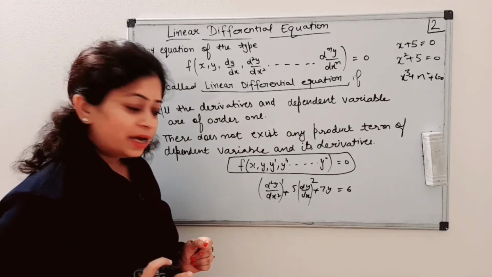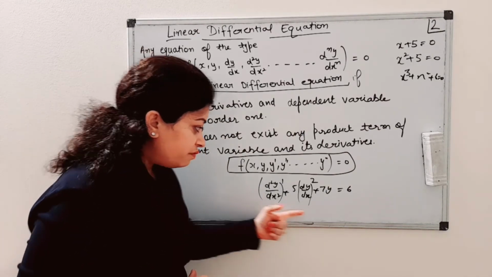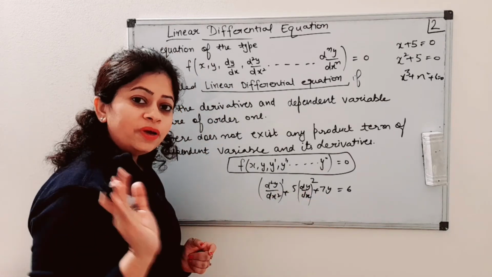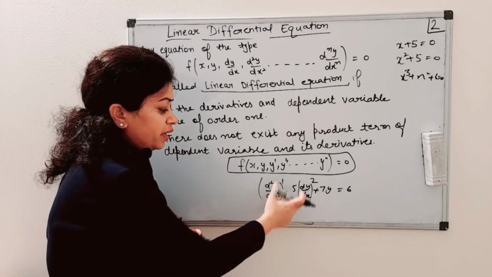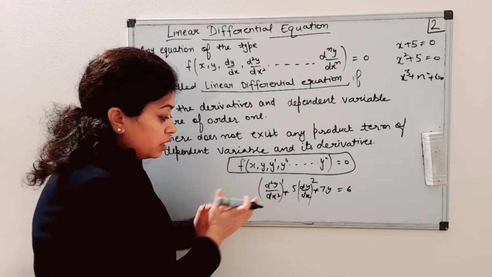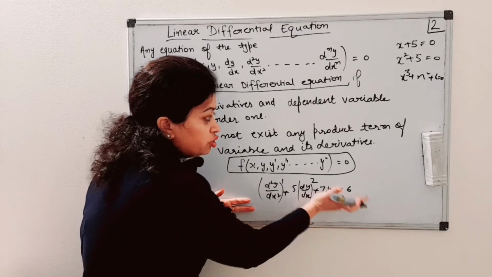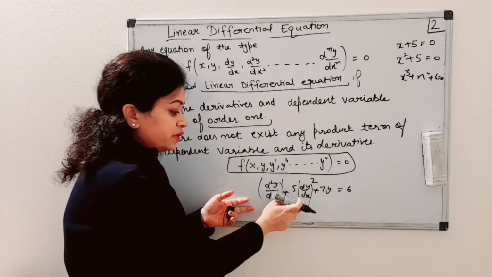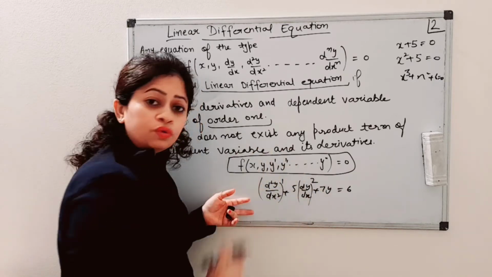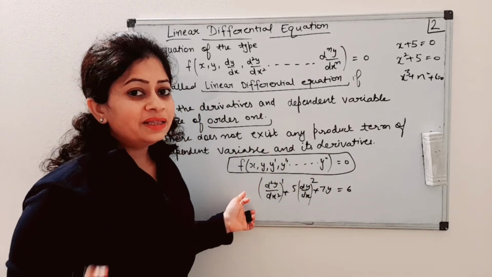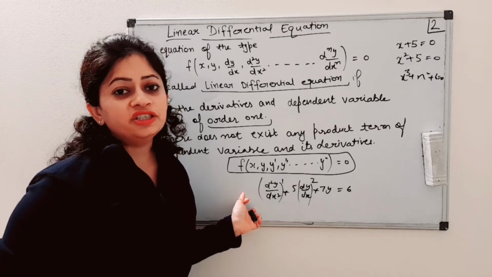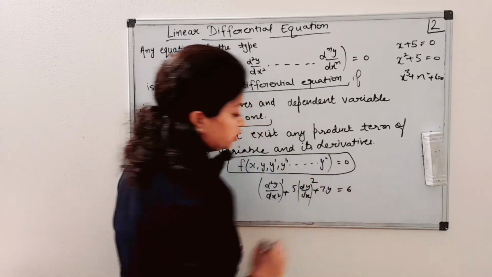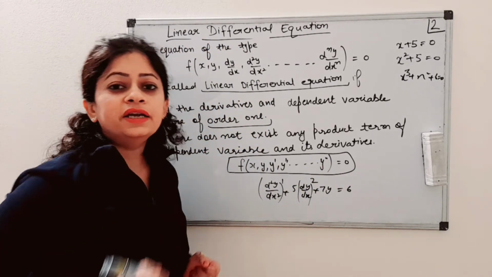First condition is that in the differential equation all the derivatives, we have first order derivative, we have second order derivative, all the derivatives in the equation should be of power 1. But in this, the first order derivative is of power 2. So we cannot say that this is a linear differential equation. This is a non-linear differential equation.